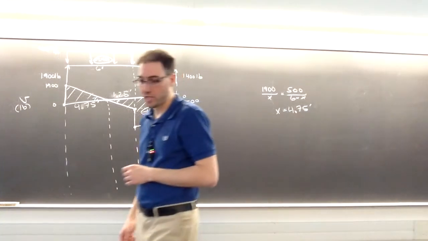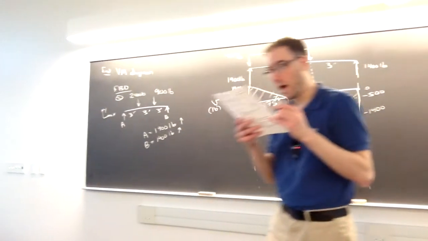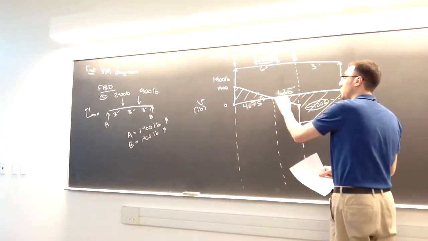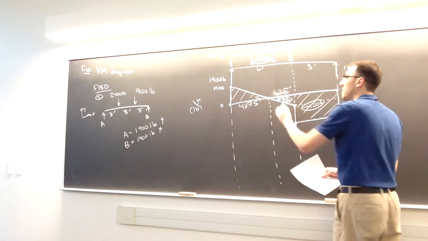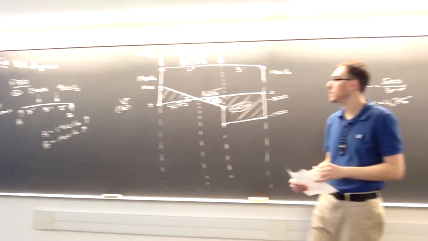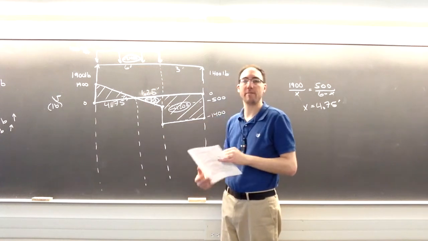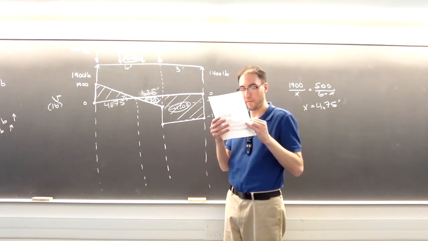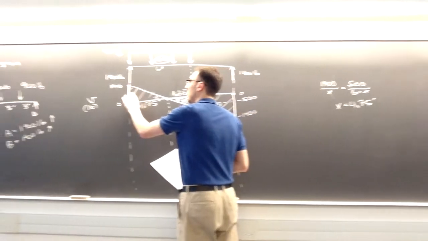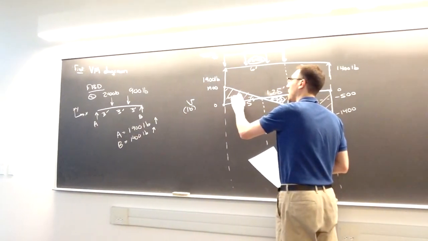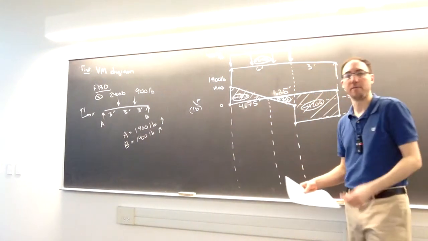So the area under the smaller triangle, rounded off, will be negative 313 pound-feet. And then this triangle will be 1,900 times 4.75 over 2, which is 4,513 positive pound-feet.